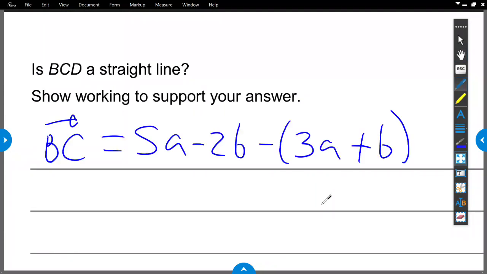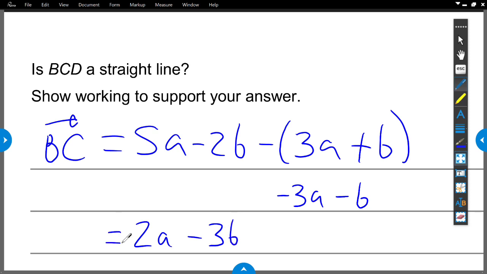You could think about it as taking minus 1 out of our bracket and expanding out with minus 1. So you have negative 3A, and then we have negative B. 5A minus 3A gets us 2A, and then minus 2B minus B gets us minus 3B. So that must be our vector BC.